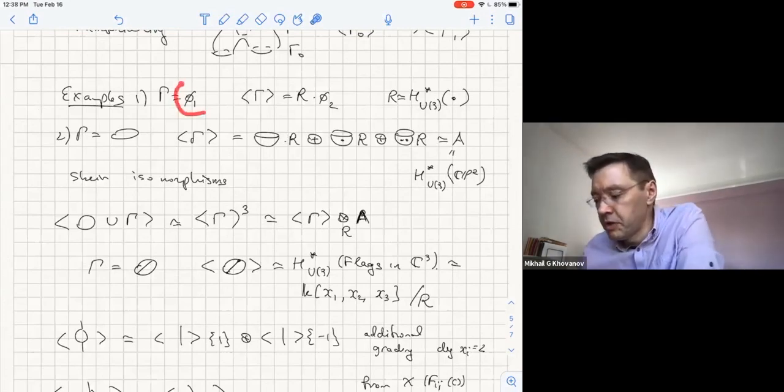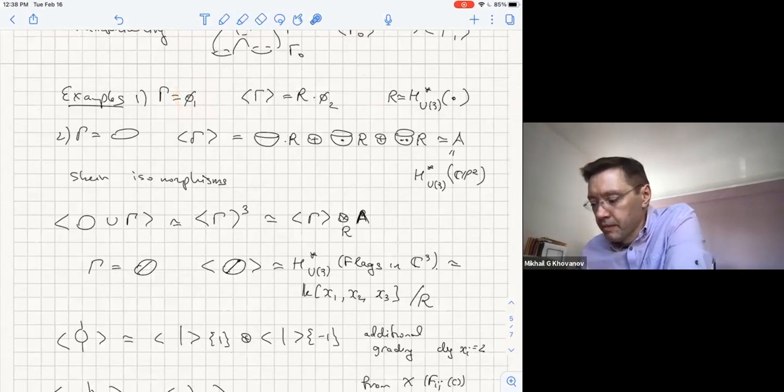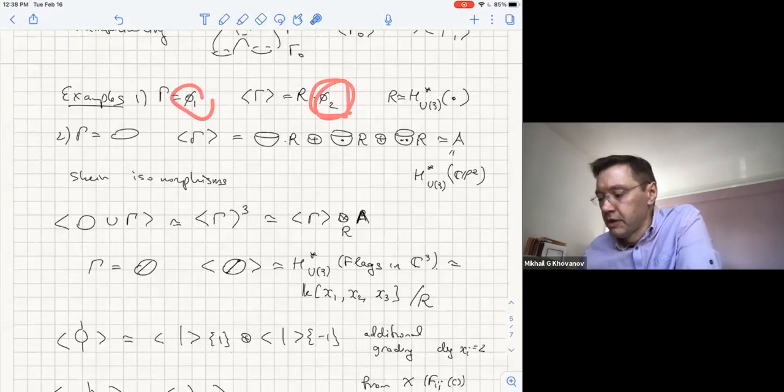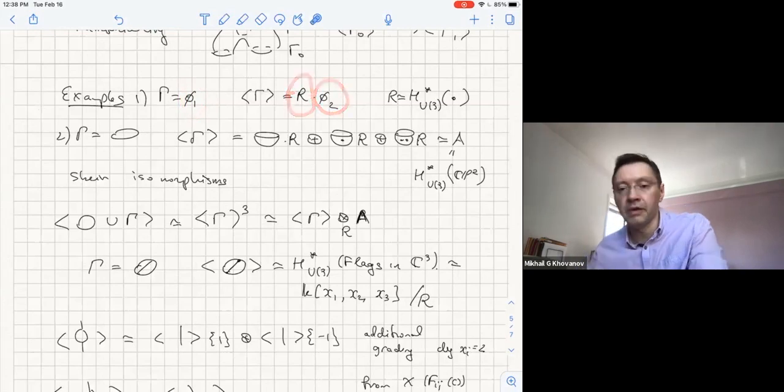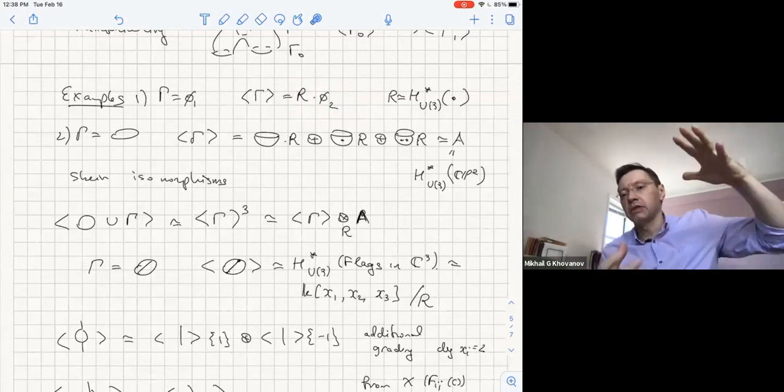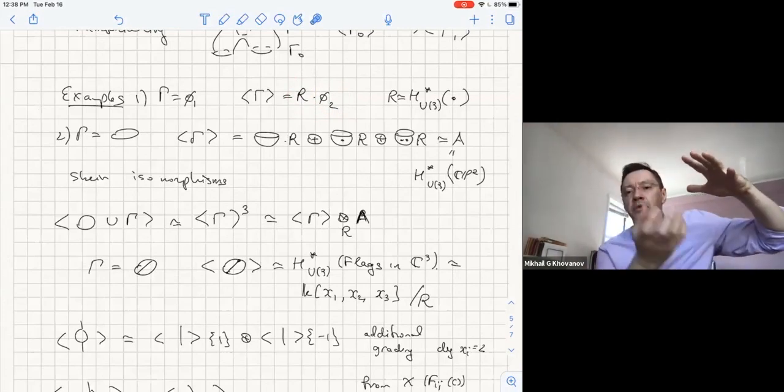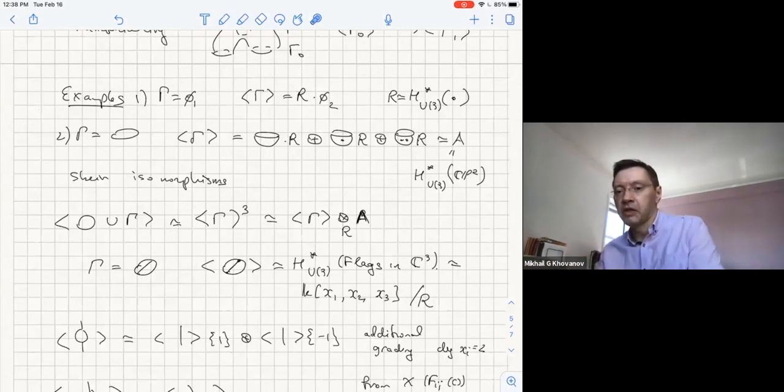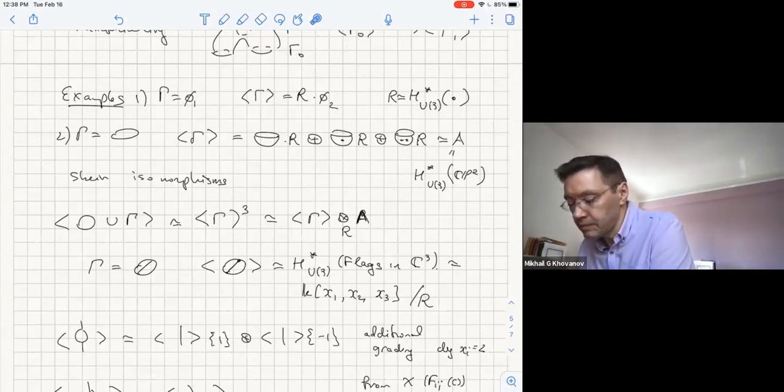So here I distinguish between the empty graph object and the empty form object. This is the empty form, this is the empty graph. So the state space for the empty graph is just multiples of the empty form. In fact, in this universal construction, if you have a closed component, you can just evaluate it and otherwise remove it from the expression.